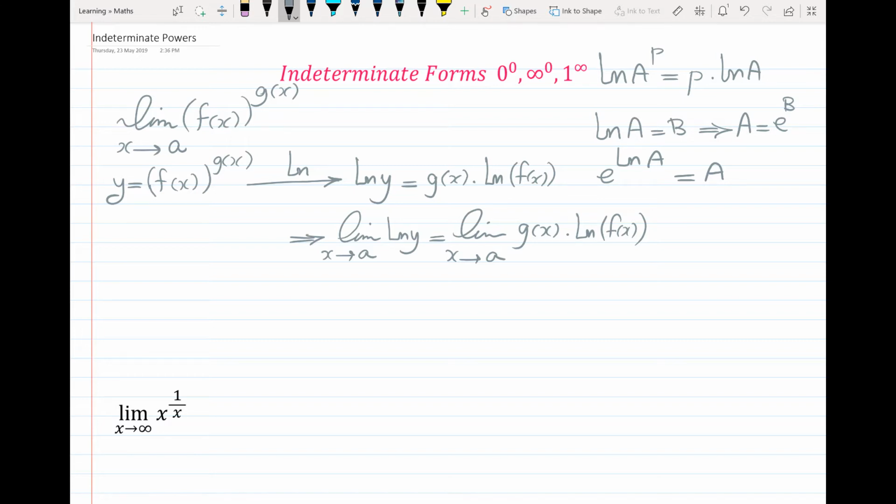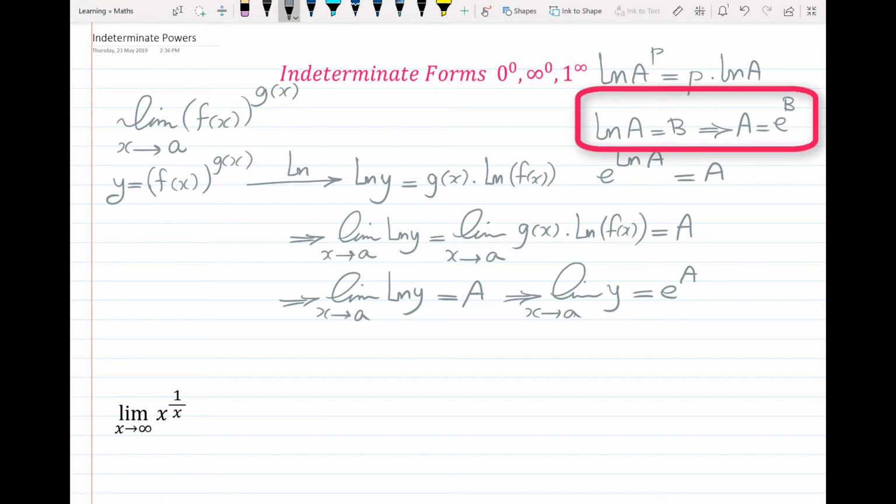Suppose after we use L'Hopital's rule, the value of this limit equals something like capital A. So we have the limit of ln of y as x approaches a equals A. Because the limit of ln of y when x approaches a equals A, we can say the limit of y itself when x approaches a equals e to the A. Here I use the second property that I mentioned.